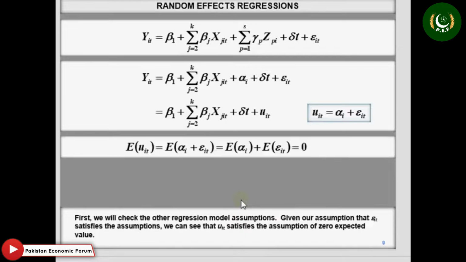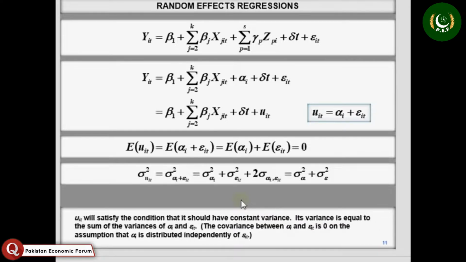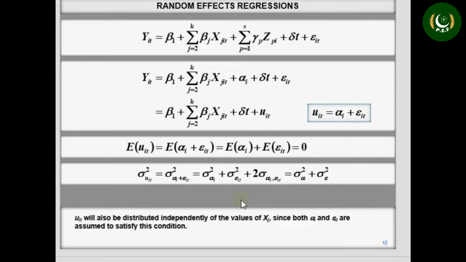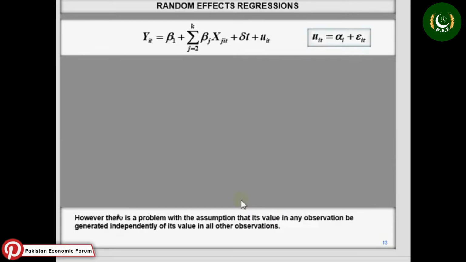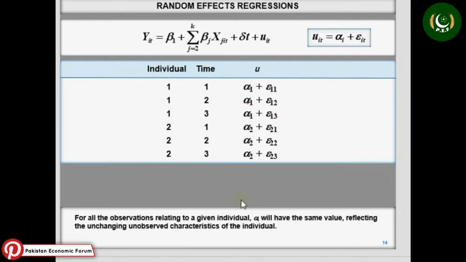Another complication in the random effect model is that now you have a compound error term, so you can have autocorrelation for one individual over time, and that will lead to an issue in the variances and standard errors of the coefficients. First of all, let's see what happens.